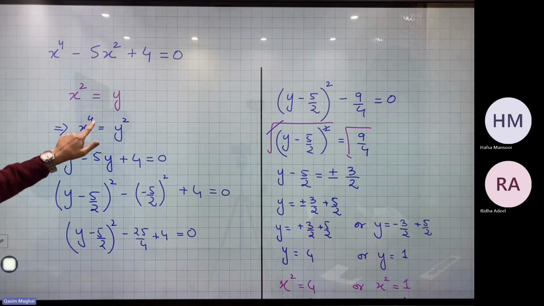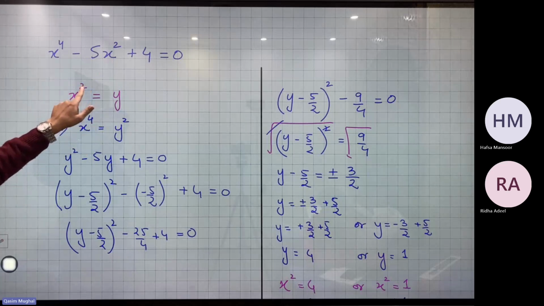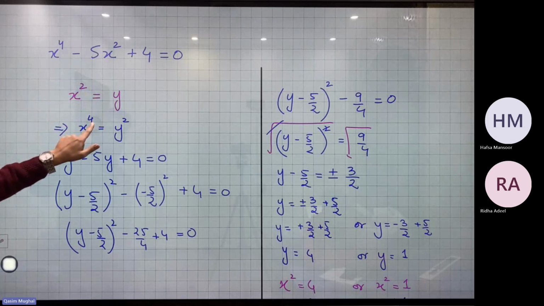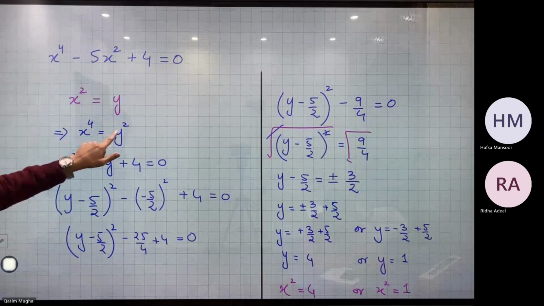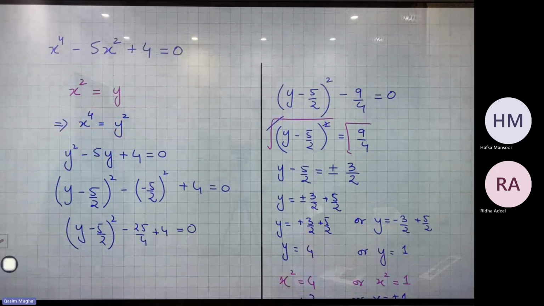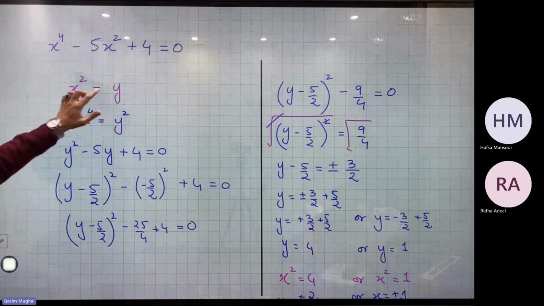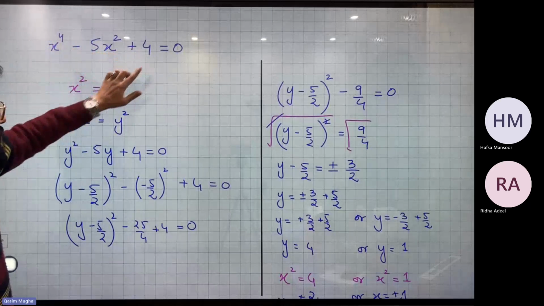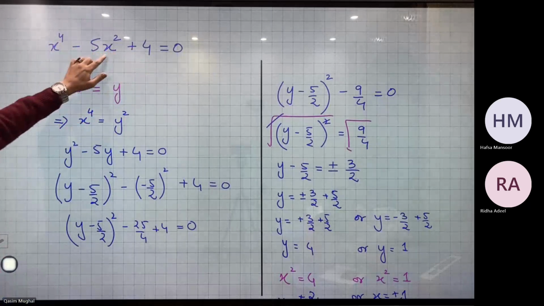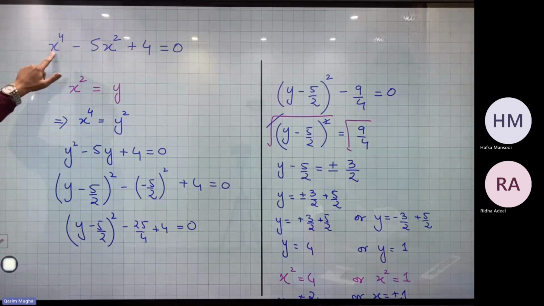So when you take the square, the power will be multiplied with 2, it will become 4. So this one is going to become y squared. Now we replace these variables, x squared with y and x to the power 4 with y squared.